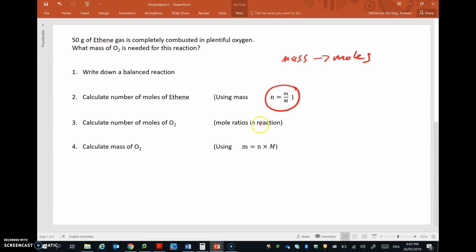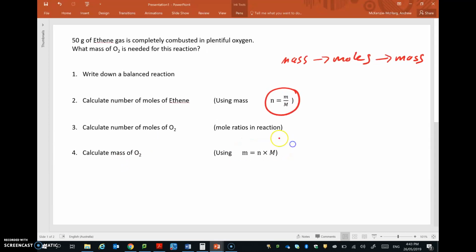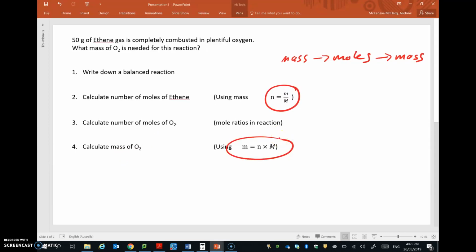Then we do our mole-to-mole ratios, so use the reaction again, and then we want to find the mass of O2, so we go from moles back to mass again, using that form of the equation. So what we're doing is, rather than comparing mass to mass, we're comparing number of moles to number of moles, and that is a lot easier. And this is where the true magic of moles comes to the fore. So you're just going to have to wait to see and witness that occur in this video.